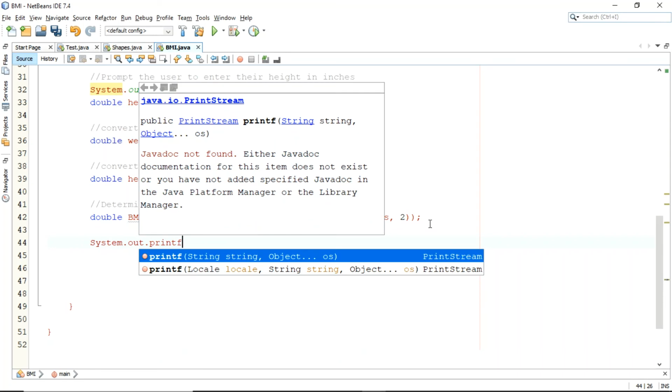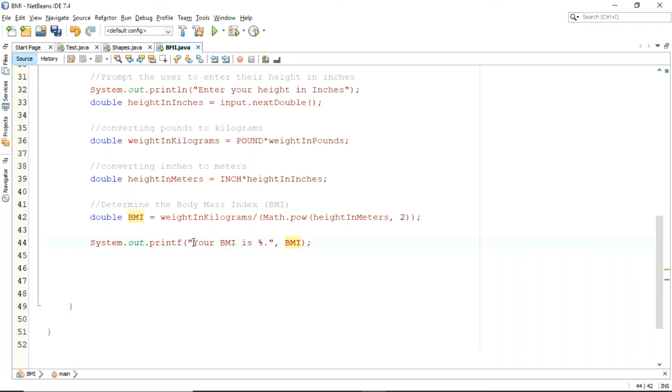Now here we are going to use a percentage specifier for floating point numbers, which is %f, and we only want the system to give us a BMI which has only up to 2 decimal places approximation. So we shall say %.2f, which means only 2 decimal places.